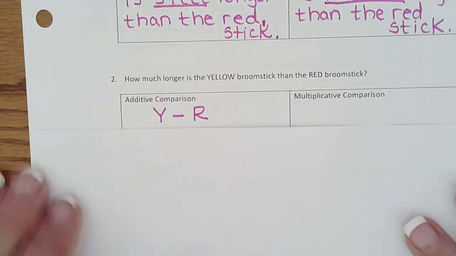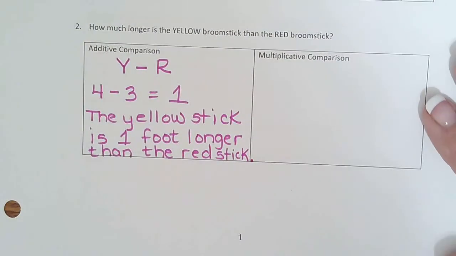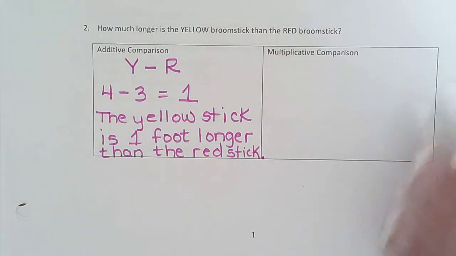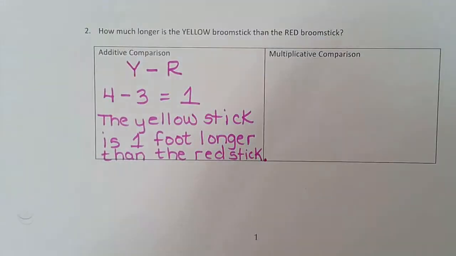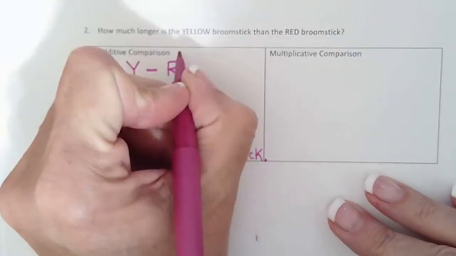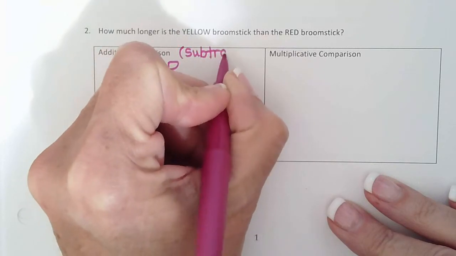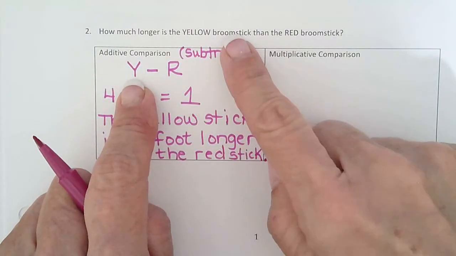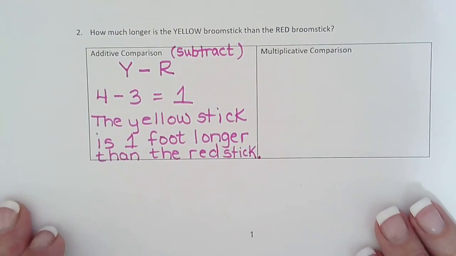Number 2 says, how much longer is the yellow broomstick than the red? So that means yellow for additive. Remember, we subtract. So yellow minus red. And important that we keep it in the same order, so we can't switch the order.